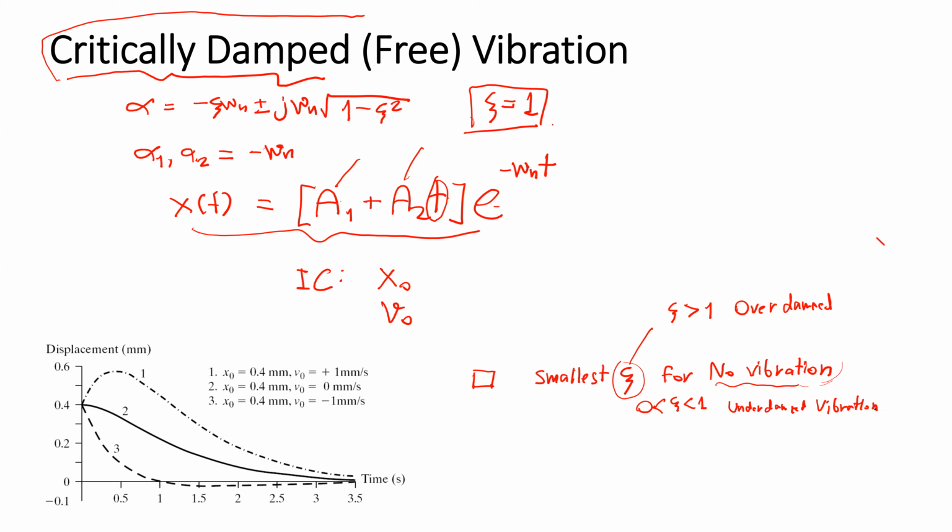And one more note on critically damped free vibration is that this damping ratio is the one for the fastest return to 0 without vibration.